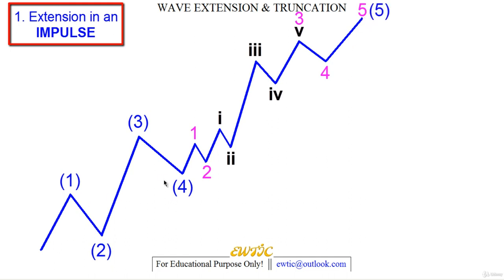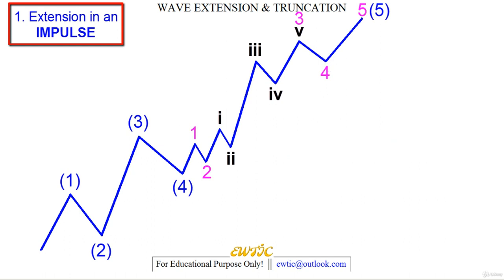So these are 5 waves where wave 1 is of normal size, wave 3 is of normal size, but wave 5 is of much bigger size if we compare it with wave 1 and wave 3. So here we can say that wave 5 has clearly extended.